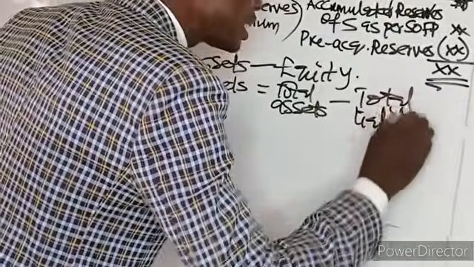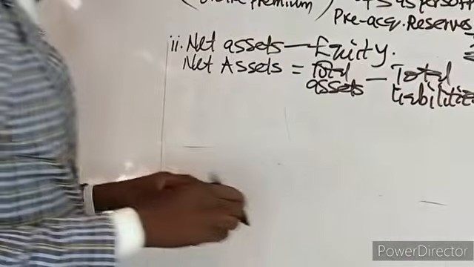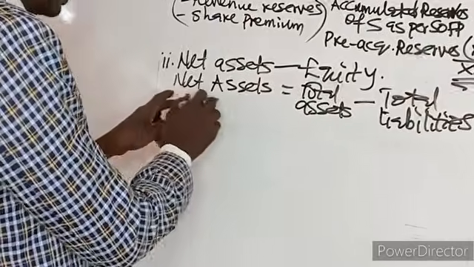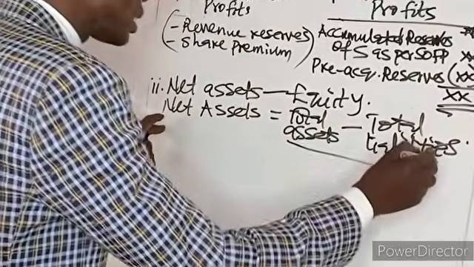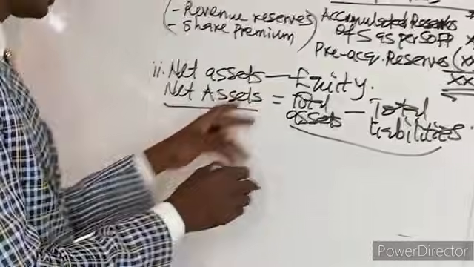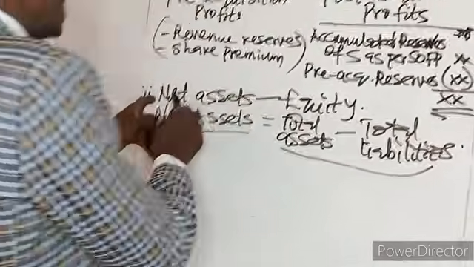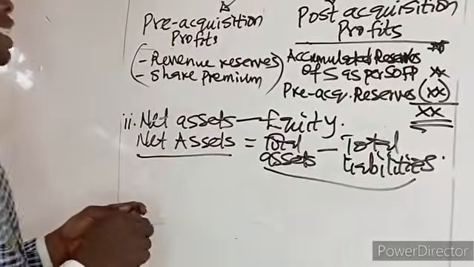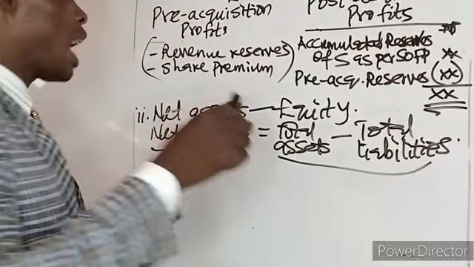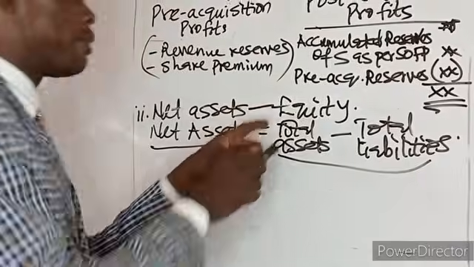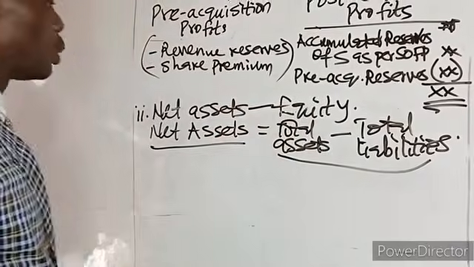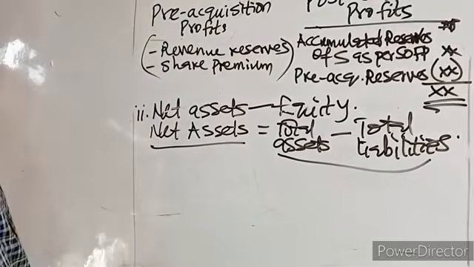Total assets less total liabilities will give you the net assets. Or you can just say net assets are equity. Hitherto, I'll be adopting this definition. So anytime I mention net assets, bear in mind that I'm referring to equity.